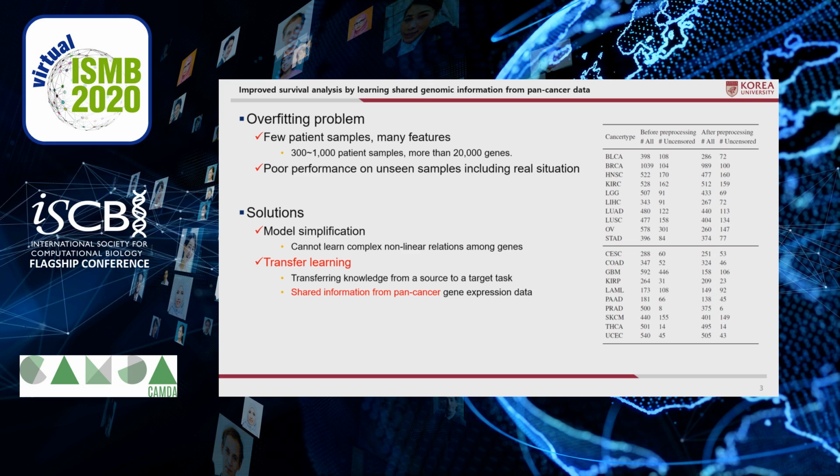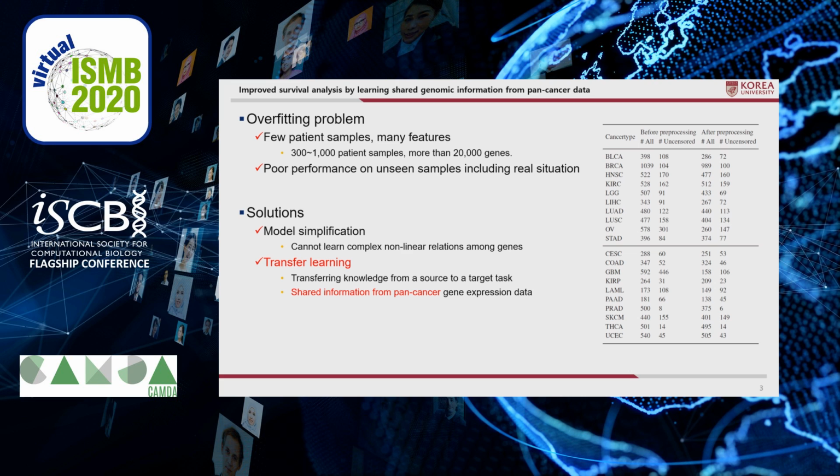Even though breast cancer has the most samples among cancer types provided in TCGA, the number of samples of breast cancer is just around 1,000. And the overfitting problem causes a model to show poor performance on unseen samples, including real situations.